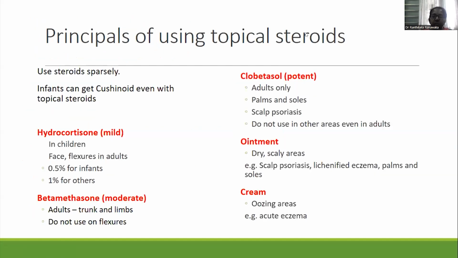Principles of using topical steroids. I thought it is worth adding this also. One, use steroid very sparsely. Even in eczema, when you prescribe steroid, you have to ask them to stop the steroid when it is cured. It is not a preventive treatment. It is only for curative treatment.